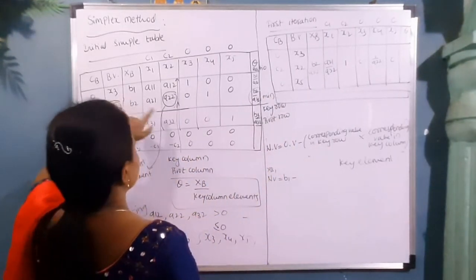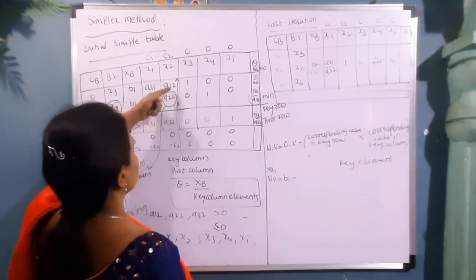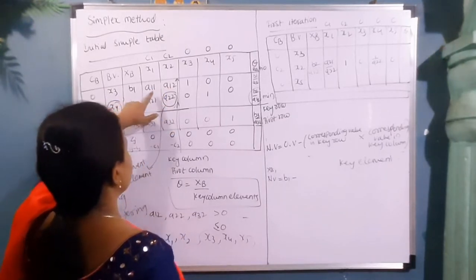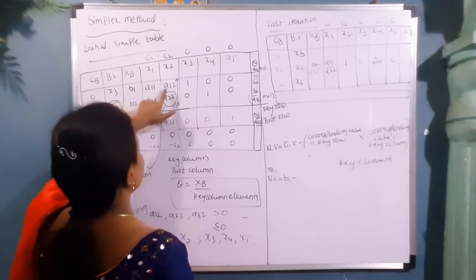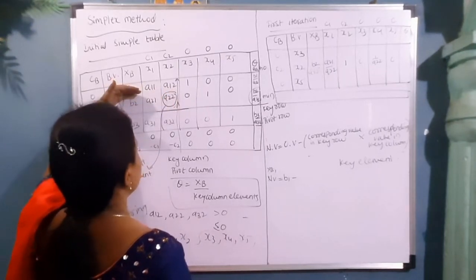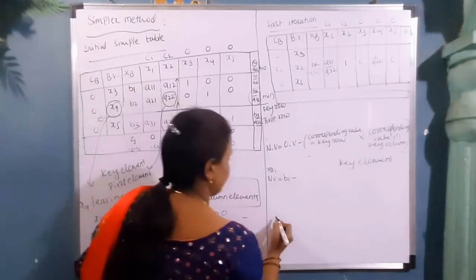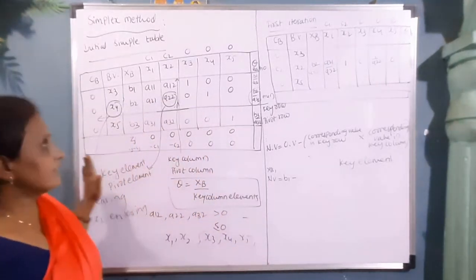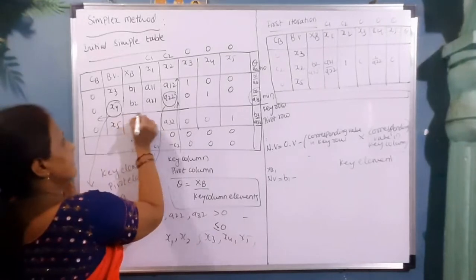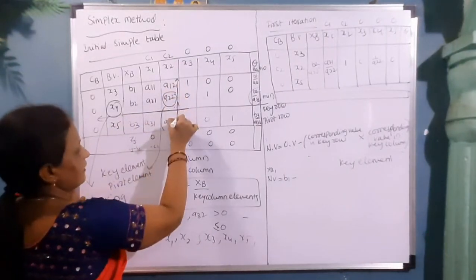So the corresponding value in key row will be, we are having A11, A12 and the corresponding value in key column. See here carefully, this is key row, this is key column.